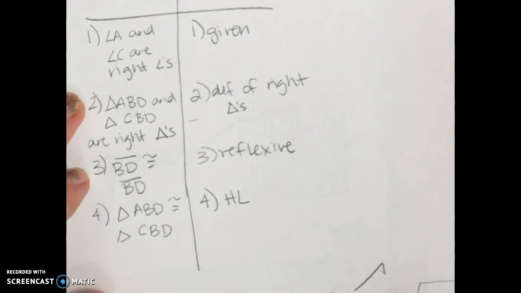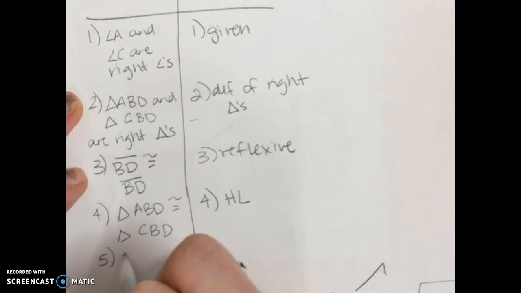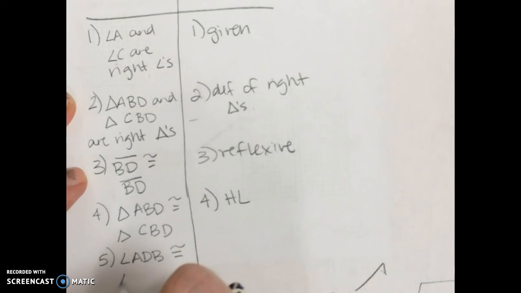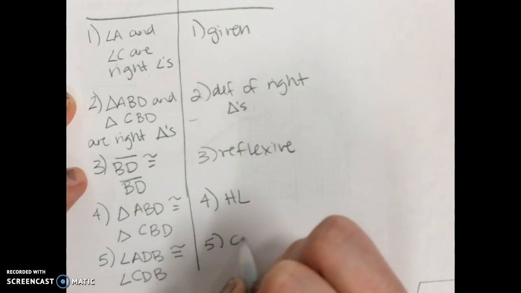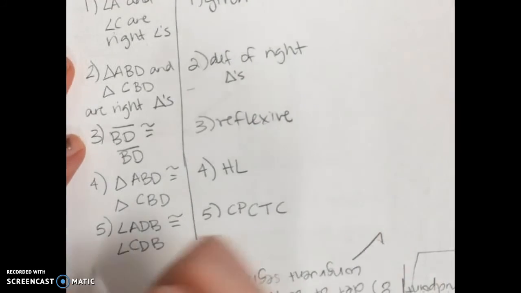And if they're congruent, then that means that angle ADB is congruent to angle CDB, because congruent parts of congruent triangles are congruent.